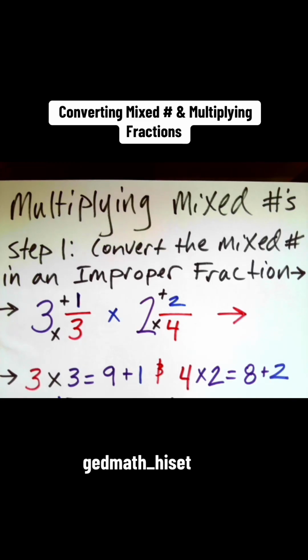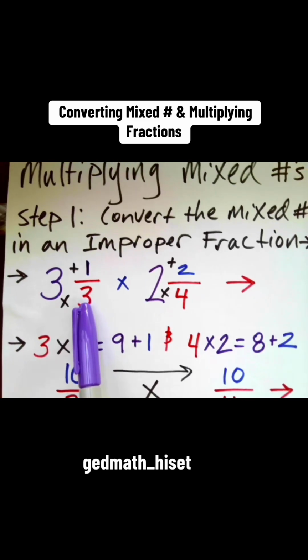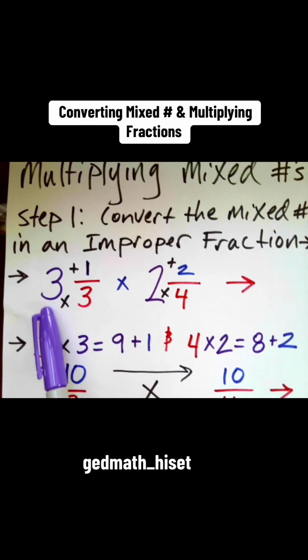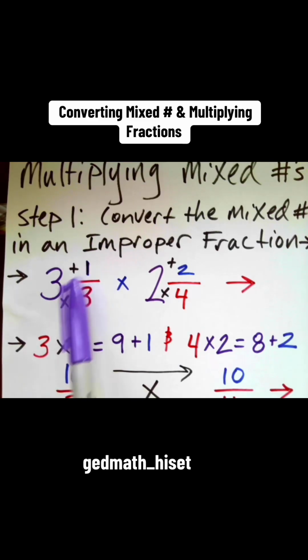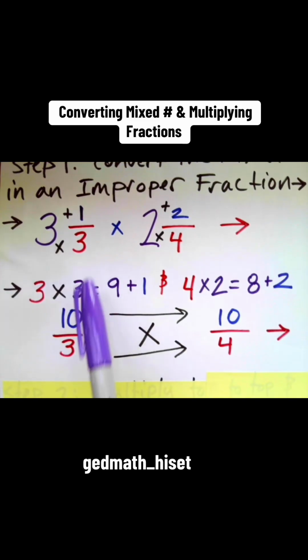I've uploaded that in prior sessions. So the way to change these is you take the denominator, 3, multiply times the whole number, 3, and then you add the numerator. 3 times 3 is 9, plus 1 gives you 10. And of course you keep the same denominator.